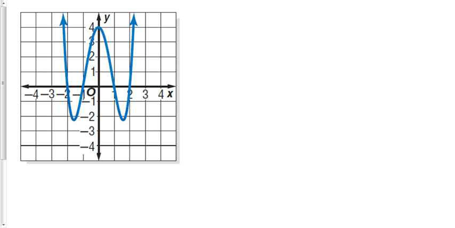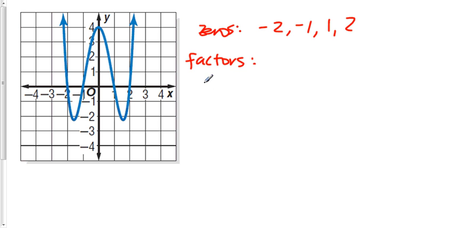So if we have this graph here, it's a degree 4 polynomial function. It's got 4 real zeros at -2, -1, +1, and +2. That means that the factors of the polynomial function graphed here must be x plus 2, x plus 1, x minus 1, and x minus 2.